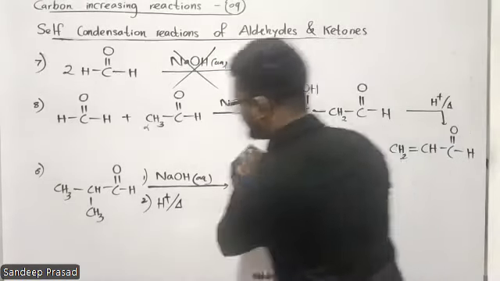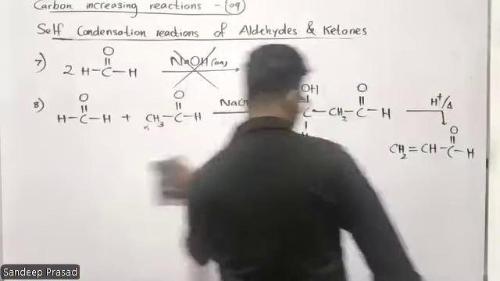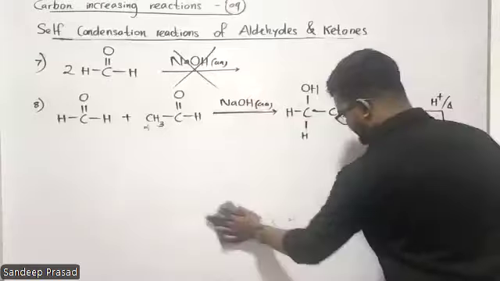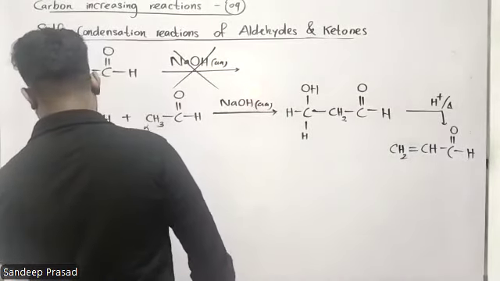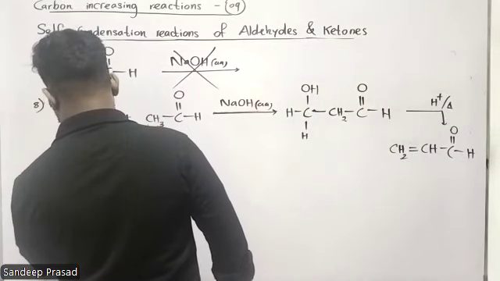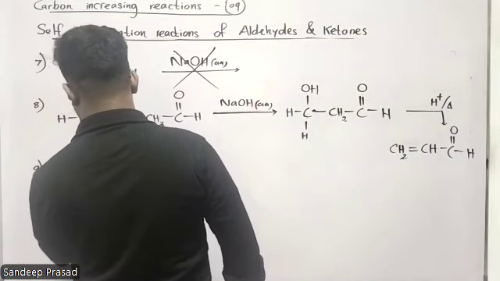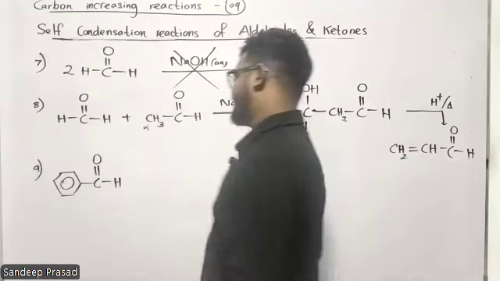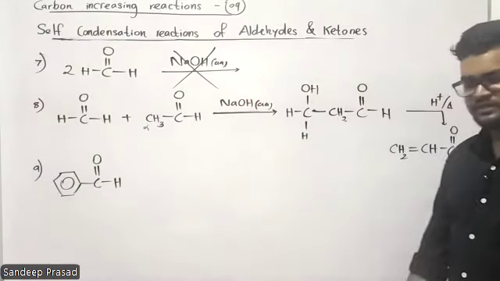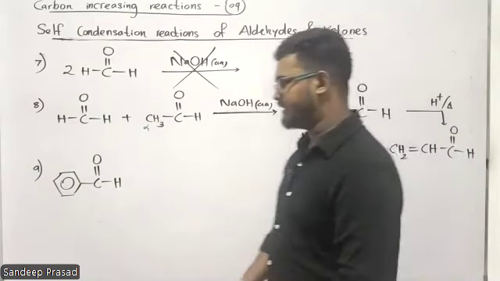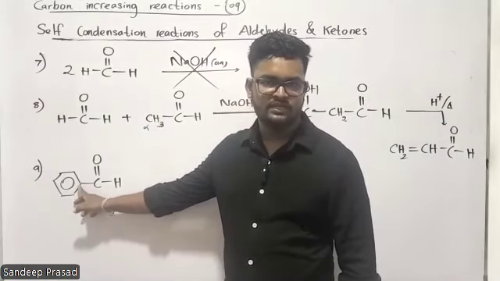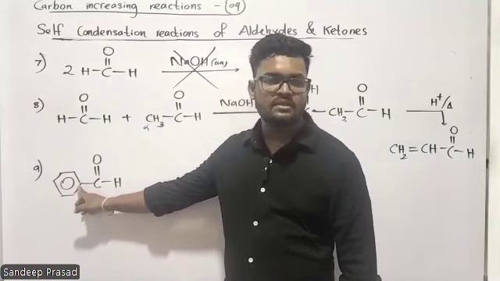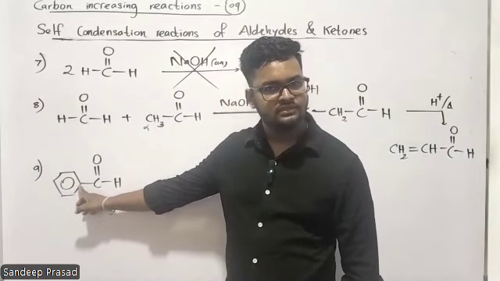So the ninth one is also very interesting. Look at this one. Students, we know there is an aldehyde like benzaldehyde. Here you might think that, sir, anyhow in the benzene ring we have carbon. Yes, the alpha carbon is there, but where is the alpha hydrogen?